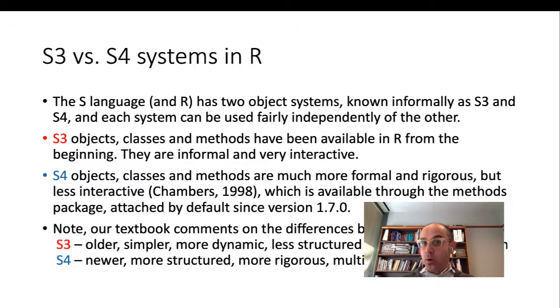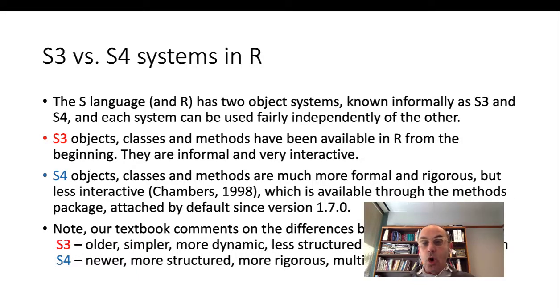S3 versus S4. The S language has two object systems, known formally as S3 and S4. S3 is object class and methods that are available in R from the beginning. S4 is a later development, and it has started to appear more and more.